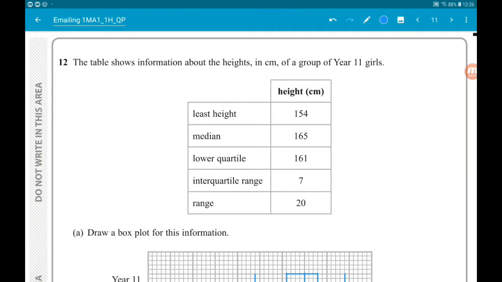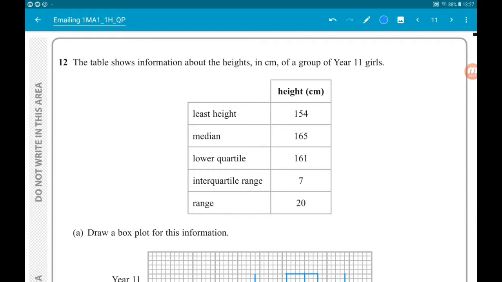Okay, number 12, we have some box plot fun. So the table shows information about the heights in centimetres of a group of year 11 girls. So we know the least height, the median, the lower quartile, the interquartile range, and the range. Part A wants us to draw a box plot for this information.